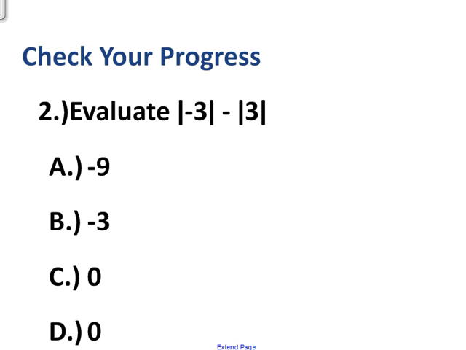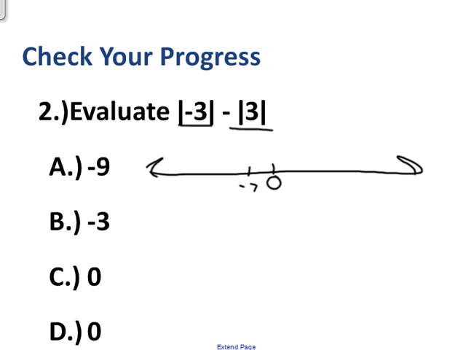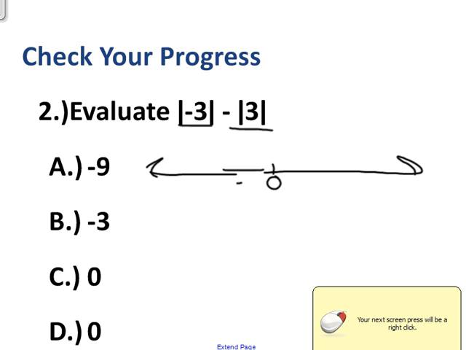Evaluate the absolute value of negative 3 minus the absolute value of 3. So I'm going to again look at a number line. The absolute value of negative 3: there's negative 3 on a number line.